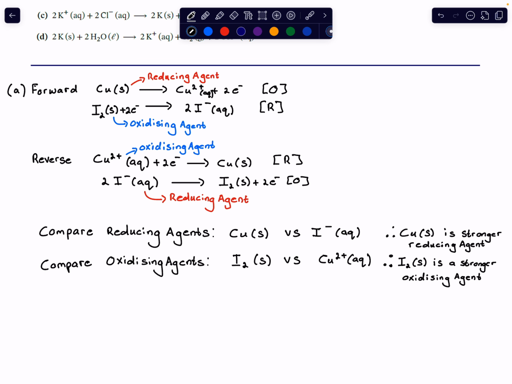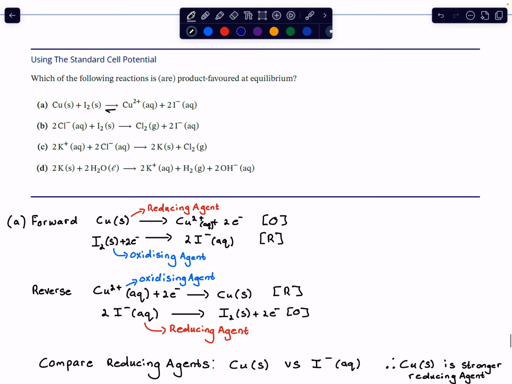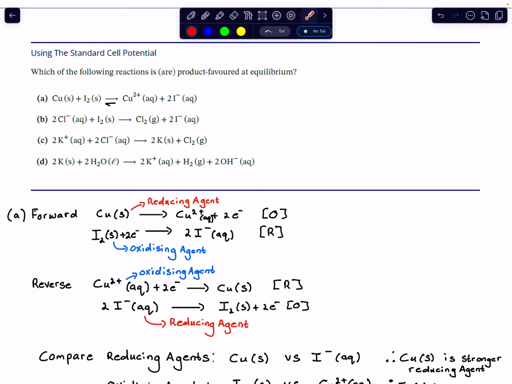So now we know copper solid and I2 solid are the stronger reducing and oxidizing agents. The question is, which side are they? They are on the left-hand side of this equilibrium. So if we mix copper solid and iodine solid, they are the stronger reactants, so they will drive a product forming equilibrium or a product favored equilibrium.